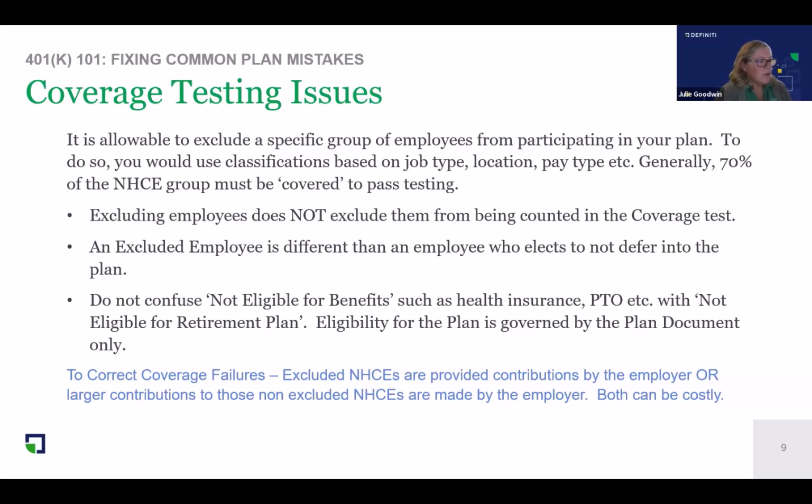An excluded employee is different from an employee who elects to not defer. Do not confuse not eligible for benefits such as health insurance, PTO, as not eligible for the retirement plan. Eligibility for the retirement plan is governed by the plan document only.